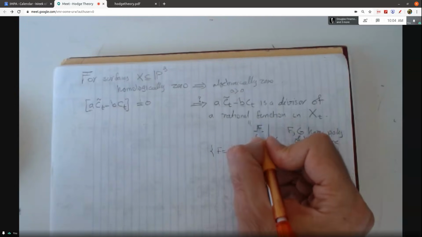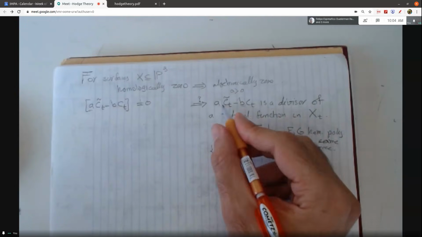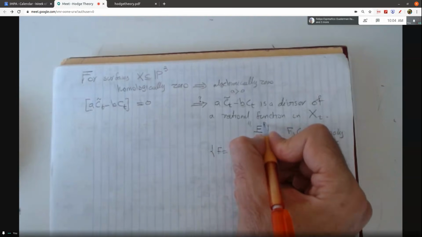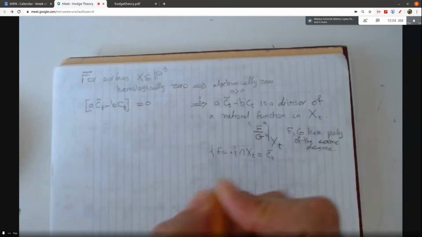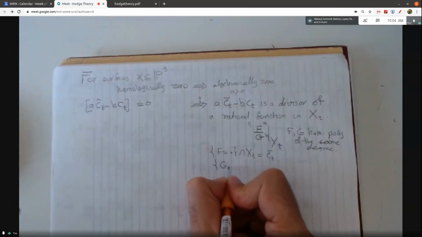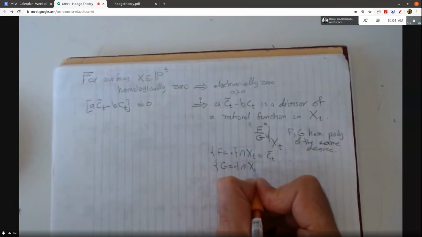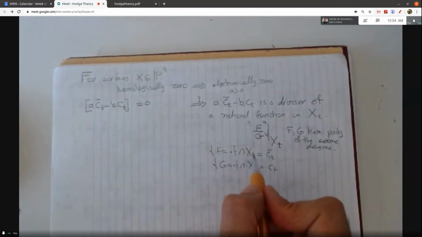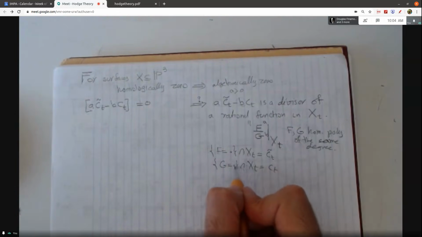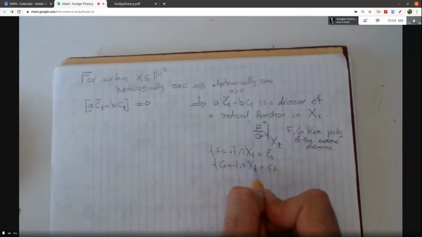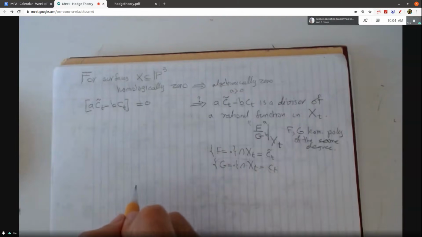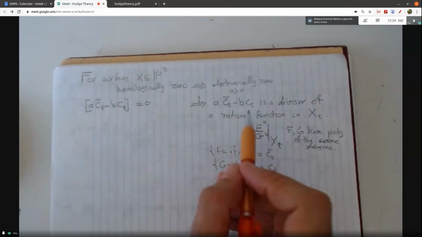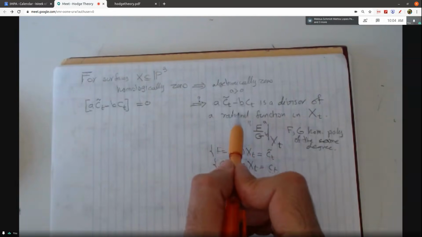So f equal to 0 will be A and then B here, and then g equal to 0 intersected with xt will be CT. At the end, we reach the fact that CT itself is also a complete intersection with another surface. But maybe just focus on the non-trivial part.